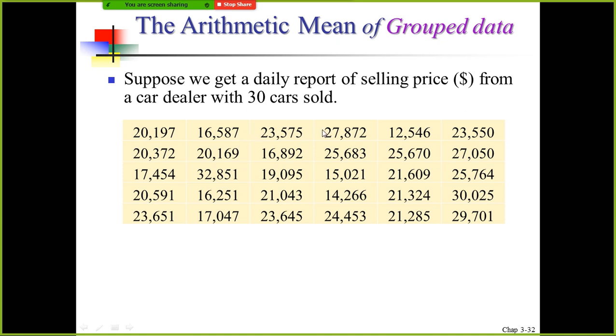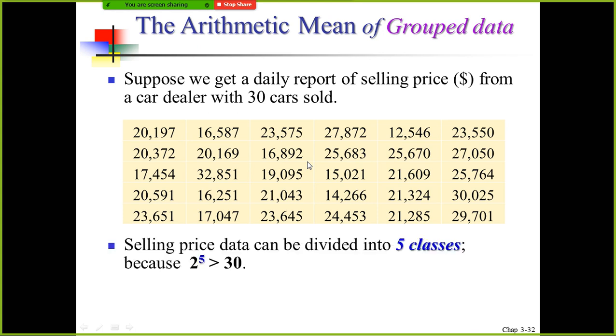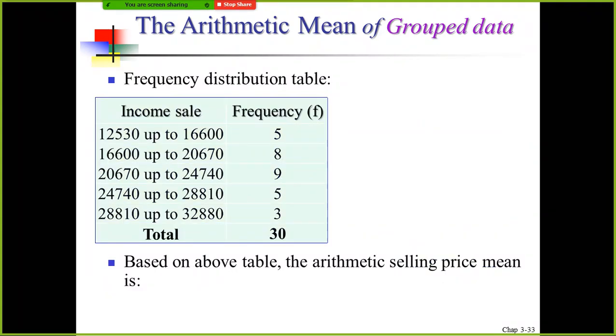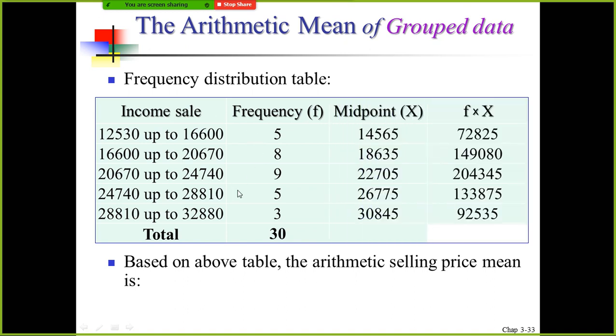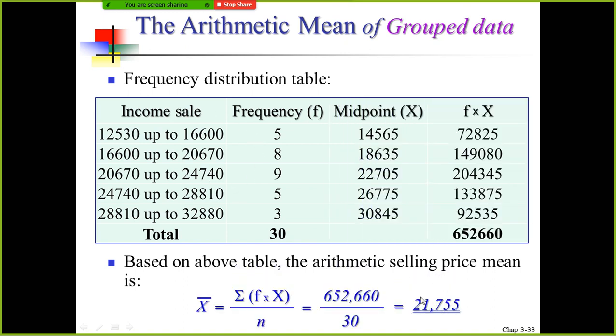Based on ungrouped data you can find the mean. We already learned how to find the mean for ungrouped data. So based on this ungrouped data set you can find one mean, and if the data set is classified into a frequency distribution, we can find the mean for that one.